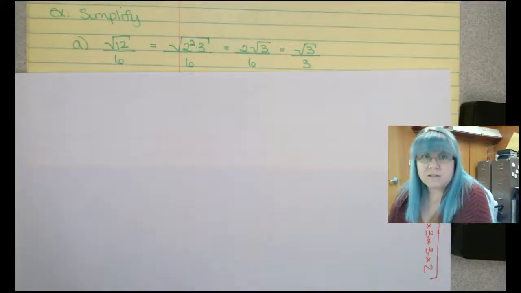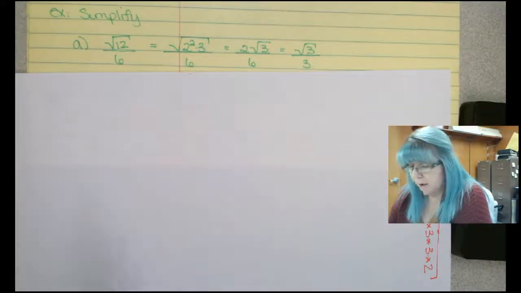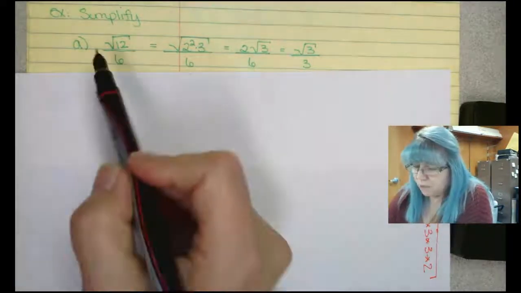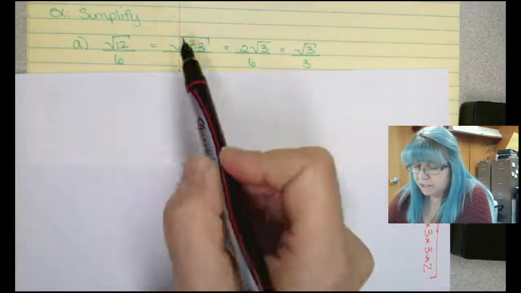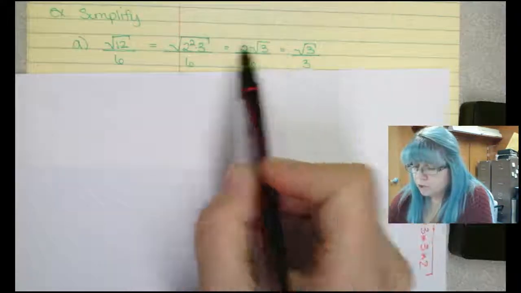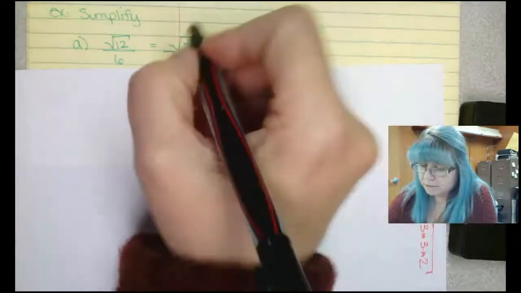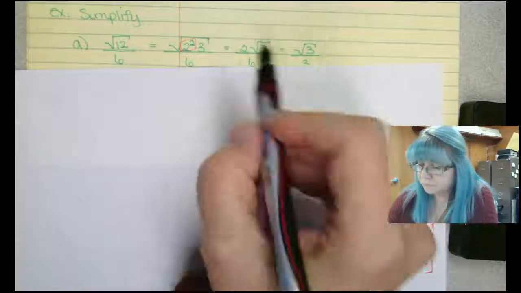Alright, so let's go back to numbers, leave variables behind for just a moment, and we want to simplify some fractions. Square root of 12 all over 6. Well, square root of 12 is really square root of 2 squared times 3 all over 6. The 2 will pop out because the square root of 2 squared is 2.